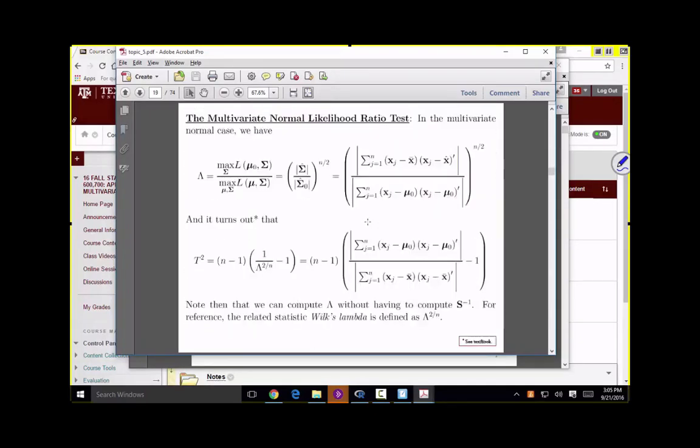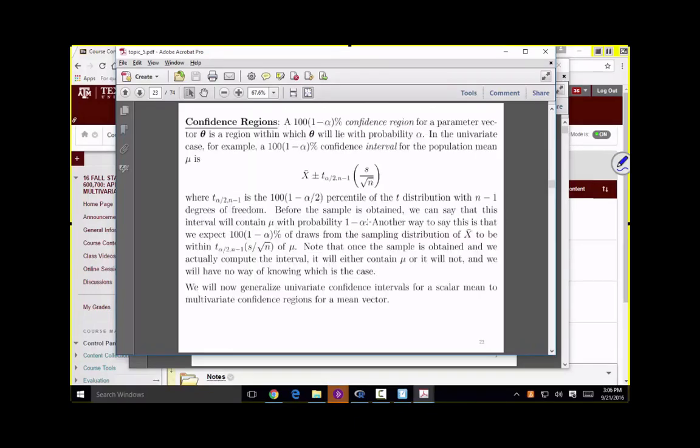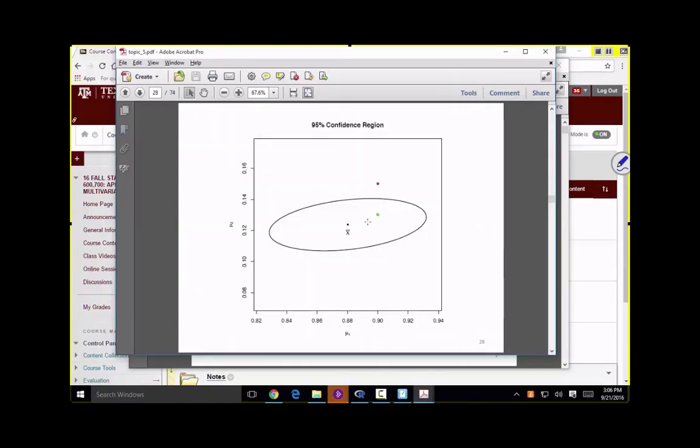What else have we seen? Confidence regions, and then we started talking about simultaneous confidence intervals. Remember that a confidence region, like here for the container data, I think, 2 elements only, a bivariate data set.